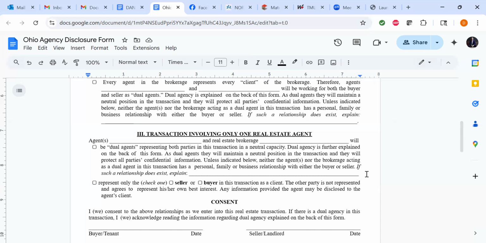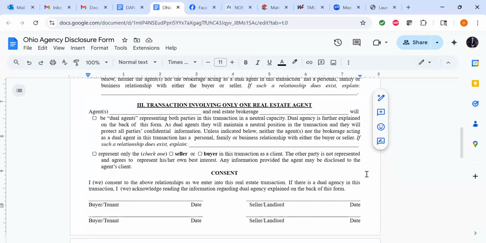Simple so far. Number 3 is a transaction involving only one real estate agent. Here, if you're the only agent involved, you put your name and the real estate brokerage, Danbury. They'll either be a dual agent, and that means you're being neutral in the transaction.